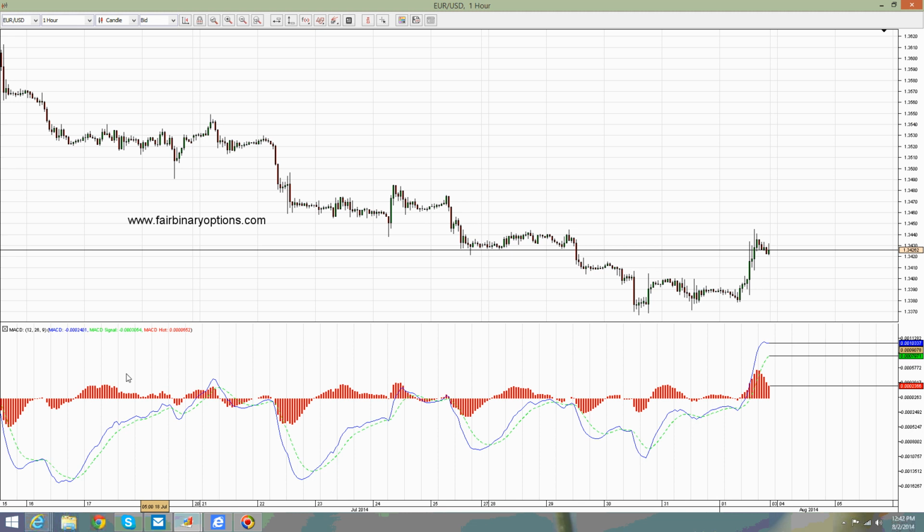First of all, it should be mentioned, like also mentioned on the first part, that this histogram here is not showing anything else than the crosses between the MACD and the MACD signal.